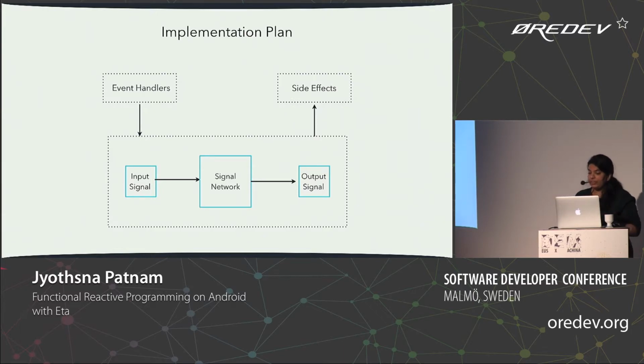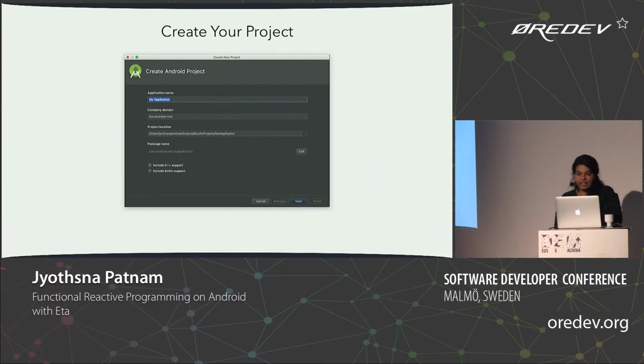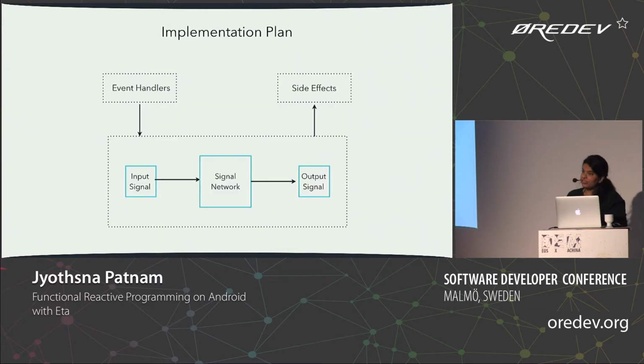We also need a way to take the output signal and render the game. I'm going to spend most of the time speaking about the FRP library used, so that it'll help you understand how the game logic is written in ETA. Because if from this talk you just understand that FRP is mainly used for maintainability and declarative programming, that's more than enough.